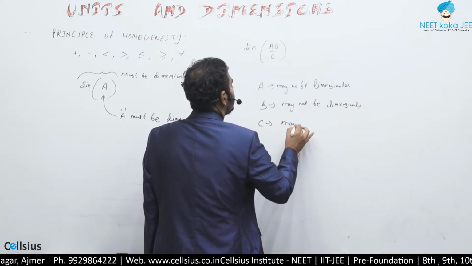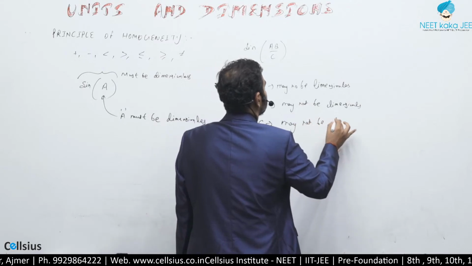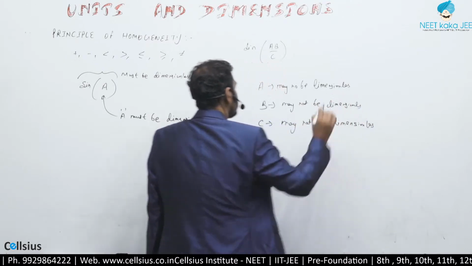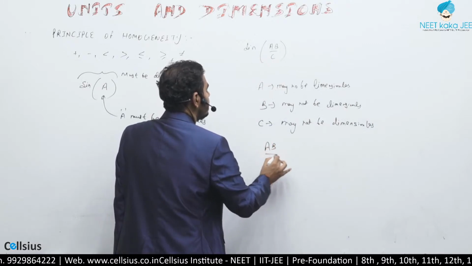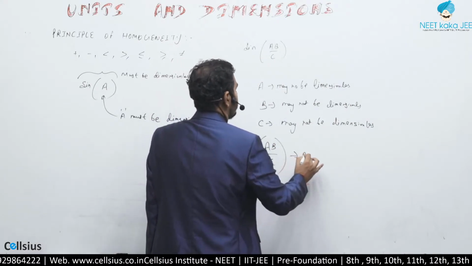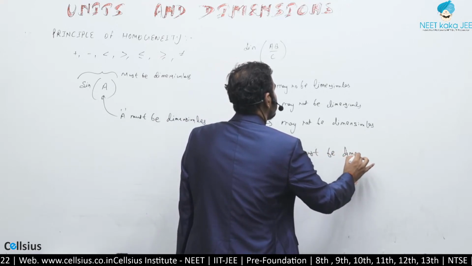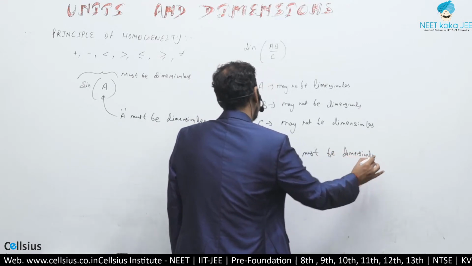C may not be dimensionless, but AB by C, this combination must be dimensionless. The combination AB by C must be dimensionless.